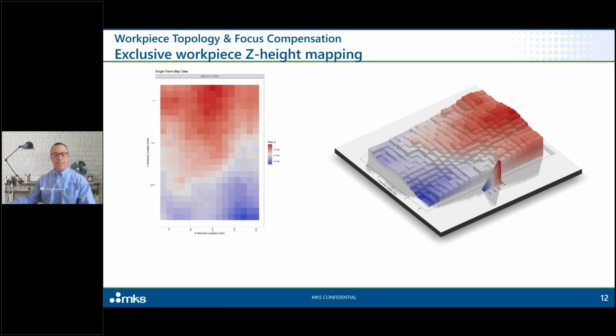So we suggest mapping the first panel of a lot. Any new job, especially if you're changing, let's say, the overlays underneath the panel, or your material type, if you're manufacturing a different process, you're going to want to run that Z height mapping on that first panel of the lot.